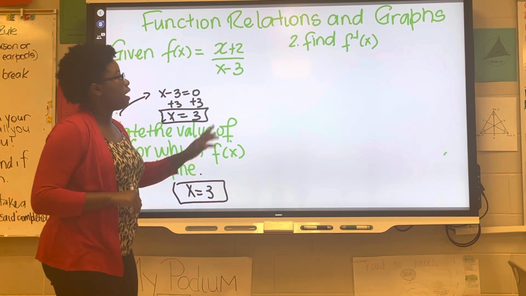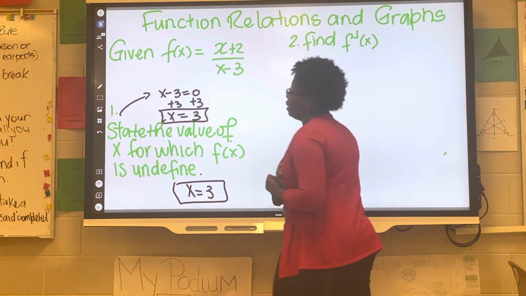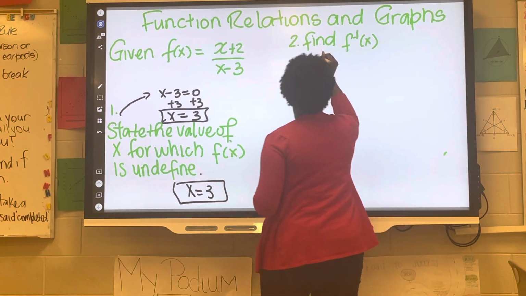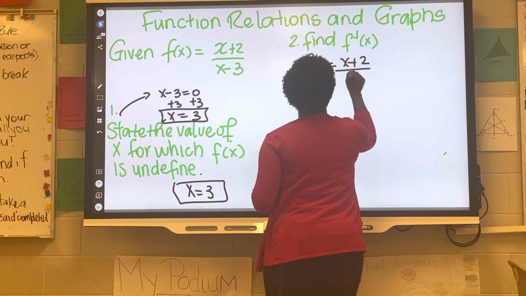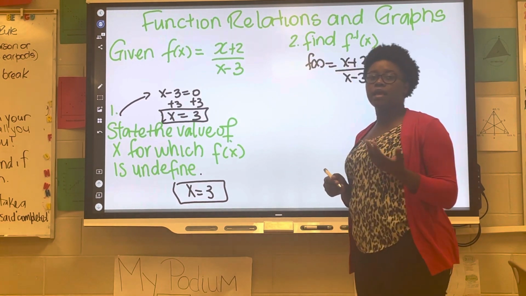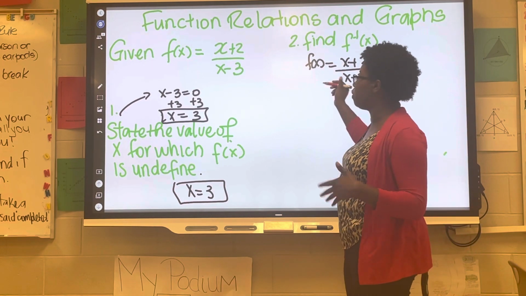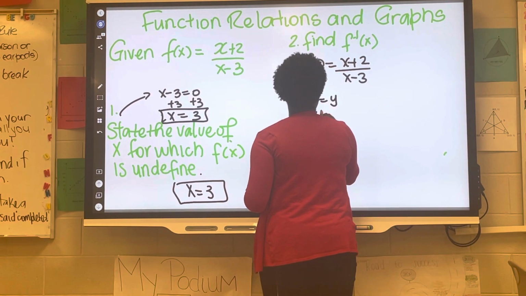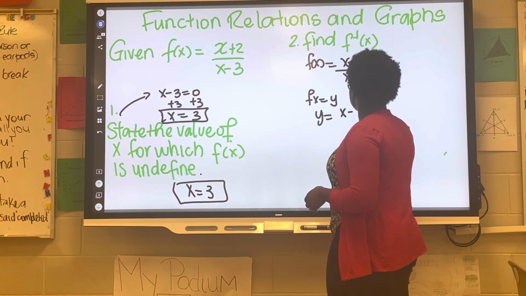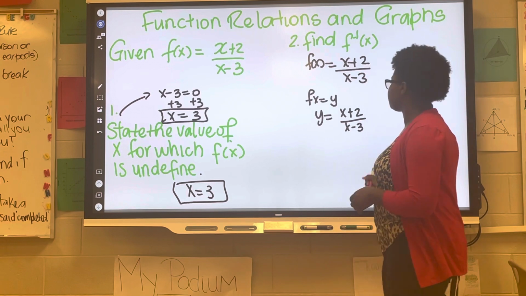Alright, to find the inverse of this function, we first need a few things. One, we need to rewrite the function. So f of x is equal to x plus 2 over x minus 3. The second thing we do is to rename the function. So f of x is equal to y. So y is equal to x plus 2 over x minus 3.